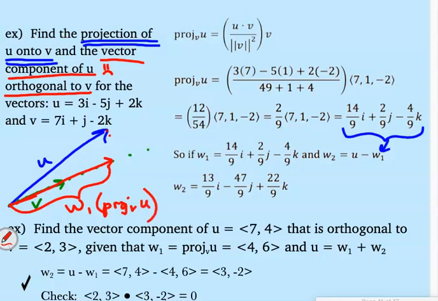W sub 2 is the vector component orthogonal to V. And W sub 2 you can find by just doing U minus W sub 1.